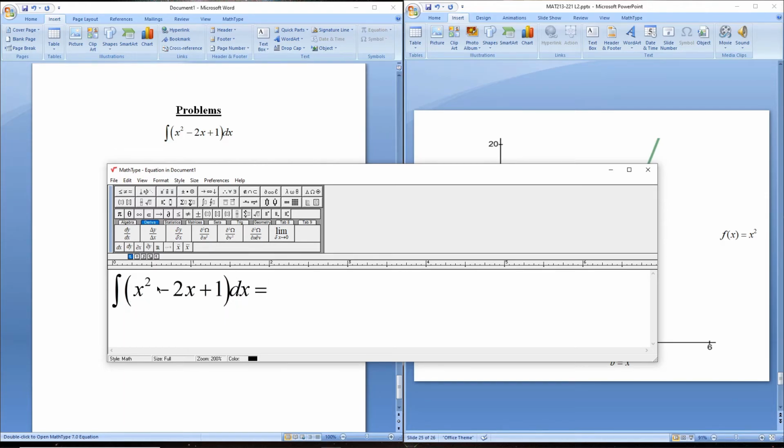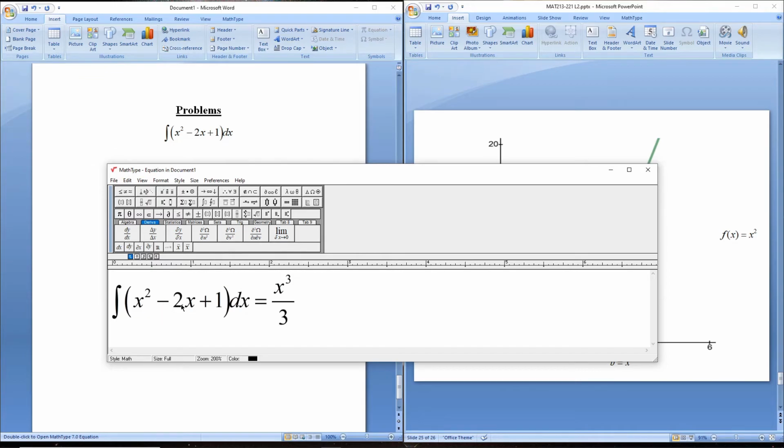So x squared, what function has the derivative x squared? Well, that comes from x cubed. Now the derivative of x cubed is 3x squared. We don't want the 3. And so remember, we have to always divide by that new exponent. So the integral of x squared is x cubed divided by 3.